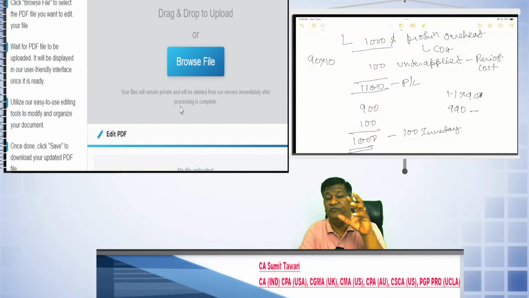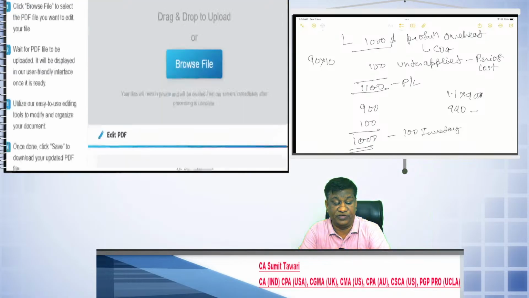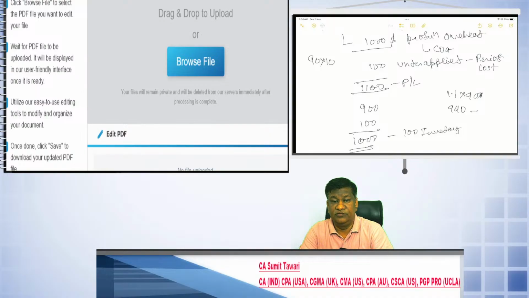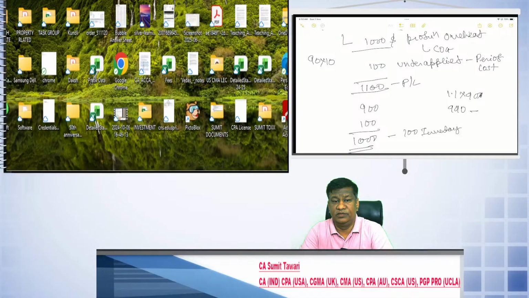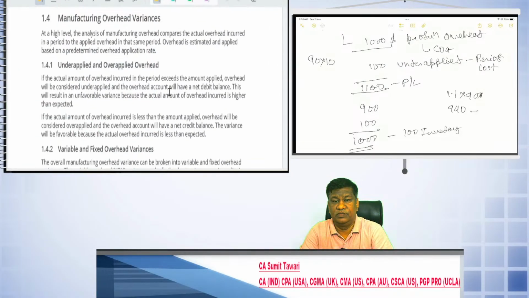First thing, why do we need to recover or charge the overhead on the basis of a fixed rate decided? And why is there a question of under absorption and over absorption? Because we charge to the product with a fixed rate decided, but the actual expenses may be more or less.